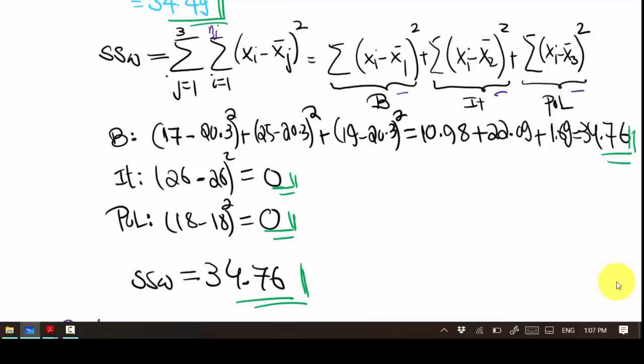Calculating this, I get 34.76. For IT students, I have only one student, 26, and the average is also 26, so the square is 0. The same applies for political science students, it's 0. Therefore, the sum of squares within is 34.76 plus 0 plus 0, which is 34.76.